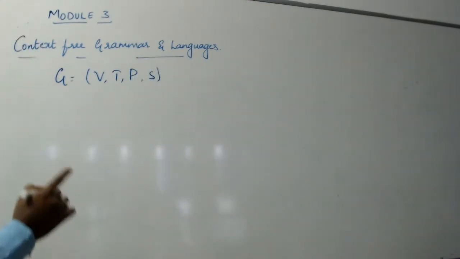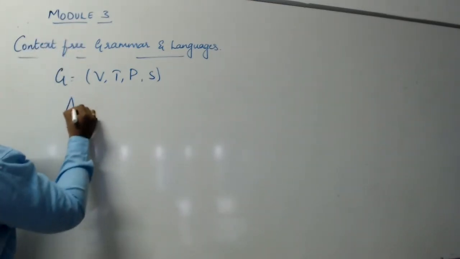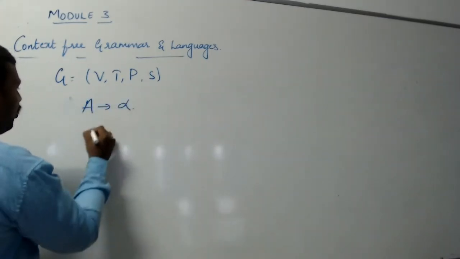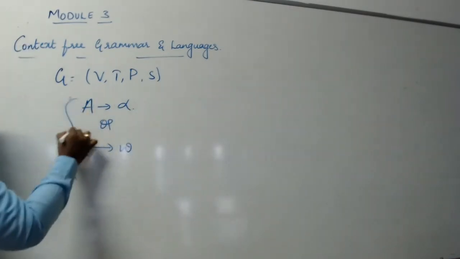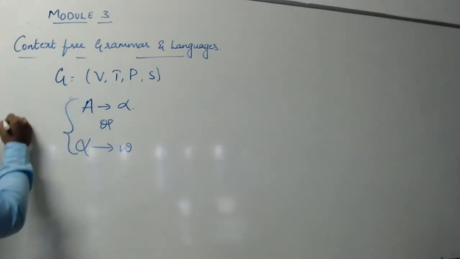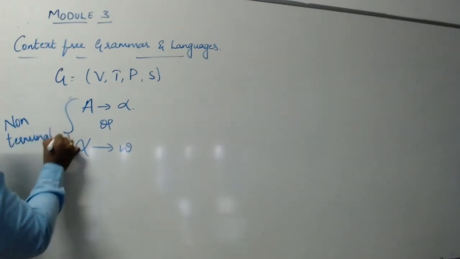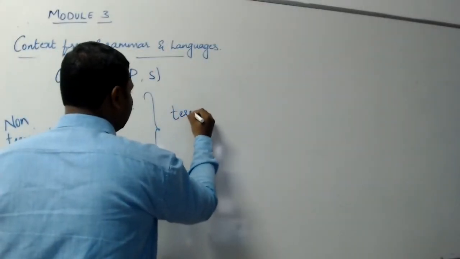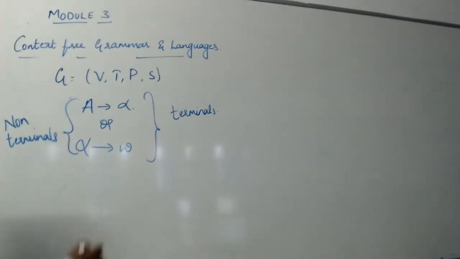But always the productions in your context-free grammar are in the form A tends to alpha, or you can call it alpha tends to W, where the left hand side is always a non-terminal, and the right hand side will be terminals. Any production of this particular type is called a context-free grammar.